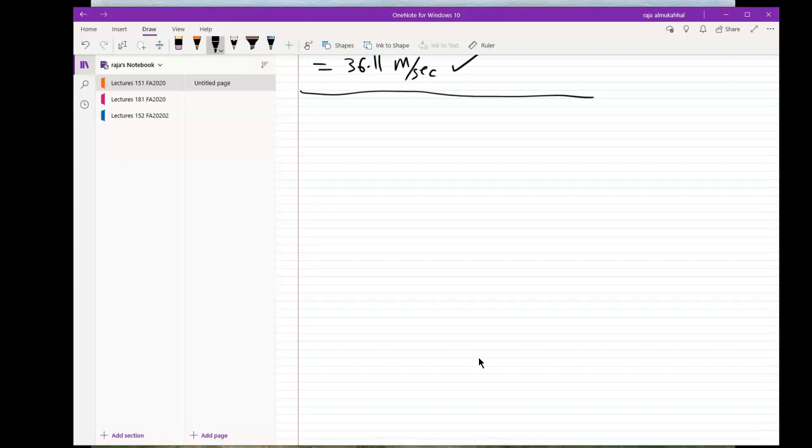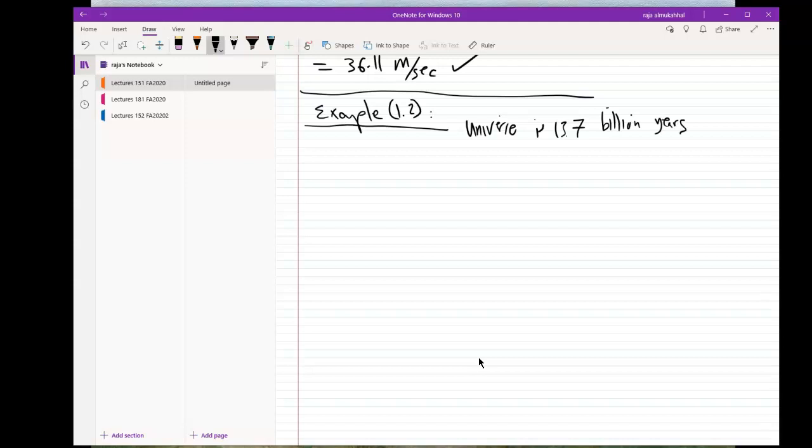All right, example. So let me just say, it says the universe is 13.7 billion years. So part A says, what is the age in seconds?